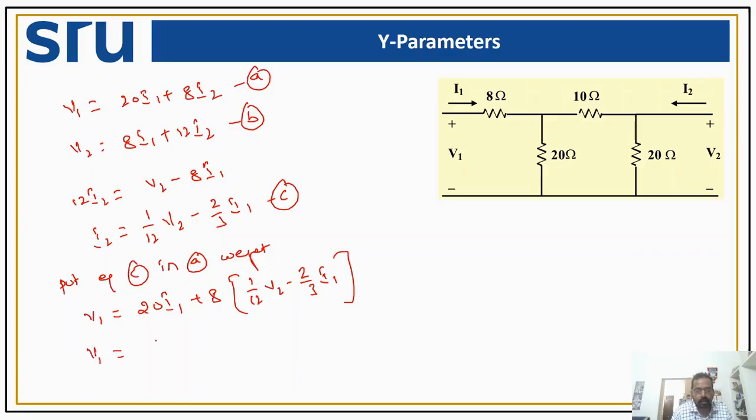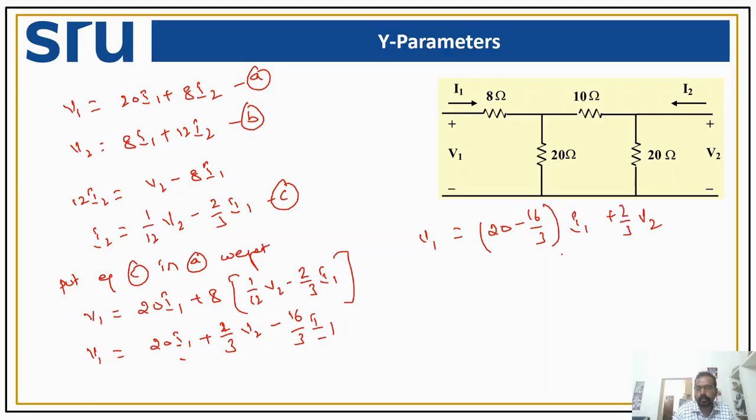So V1 is equal to 20 I1 plus 2 by 3 V2 minus 16 by 3 I1. Okay, so take I1 as common. We are going to have V1 equal to 20 minus 16 by 3 I1 plus 2 by 3 V2.